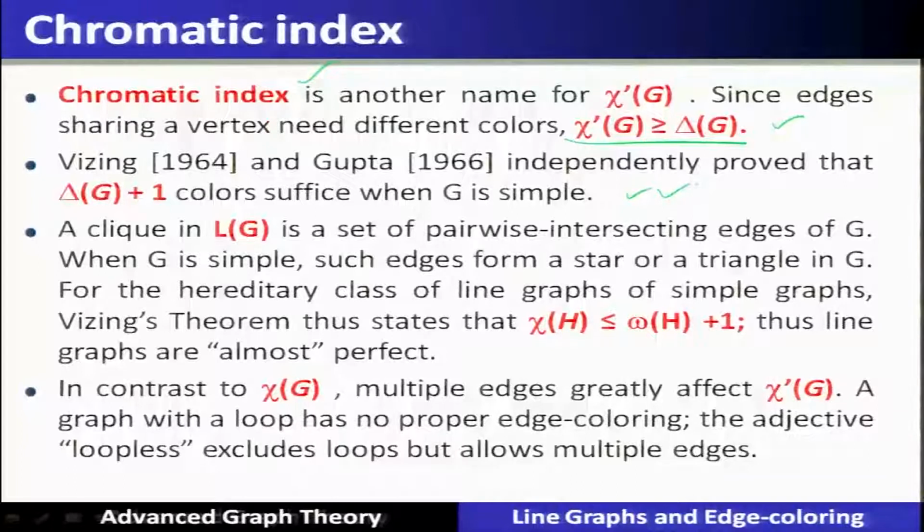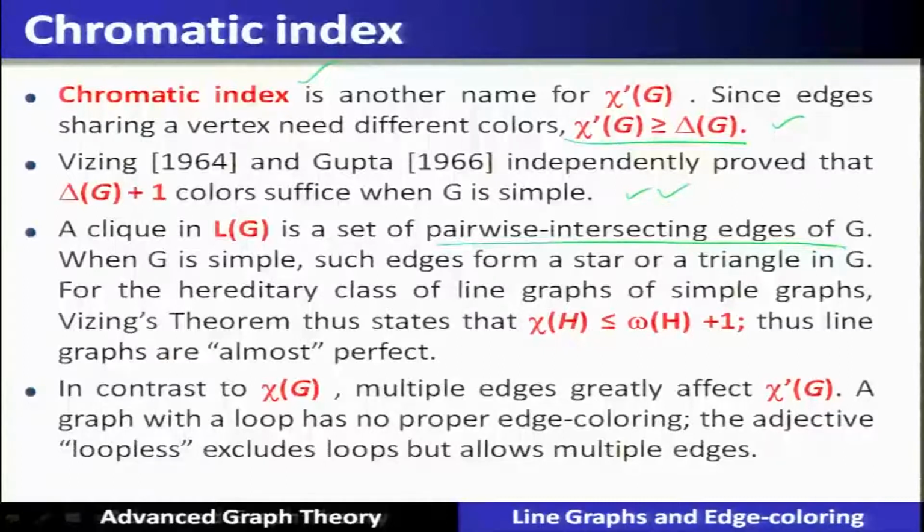Now a clique in the line graph is a set of pairwise intersecting edges of G, because the vertices are representing the edges of graph G. So if there is a clique in the line graph, this means that there is a set of pairwise intersecting edges of a graph.